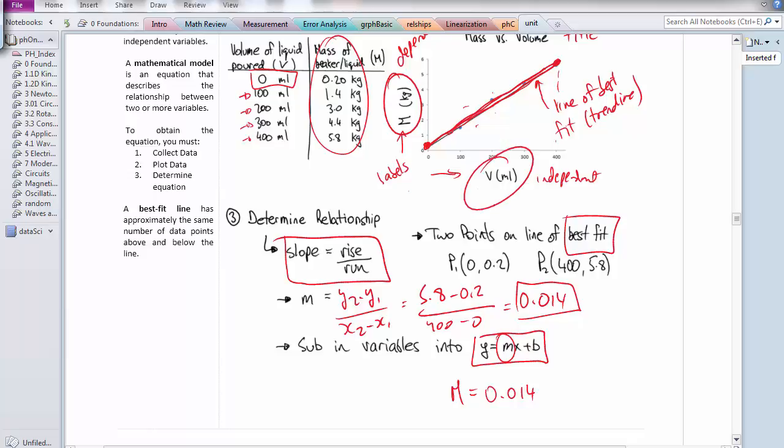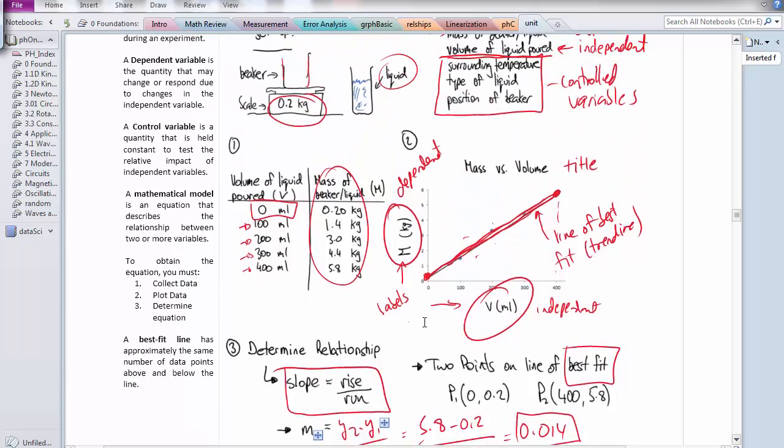X, our x value is the volume, okay, plus our y-intercept is 0.2. Okay, so this becomes our mathematical relationship. Okay, that's what we're striving for.